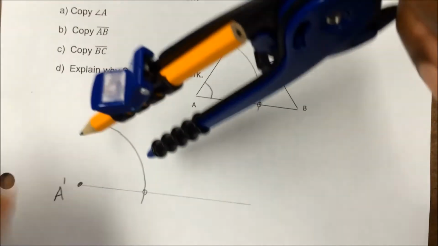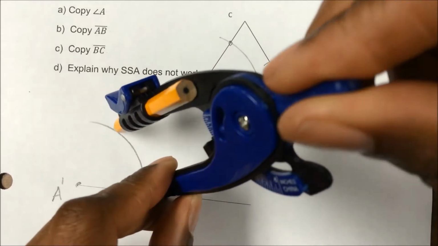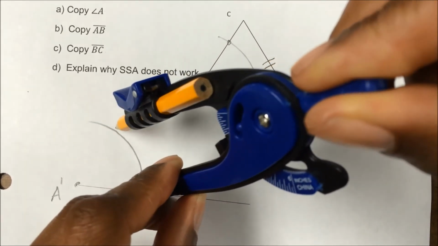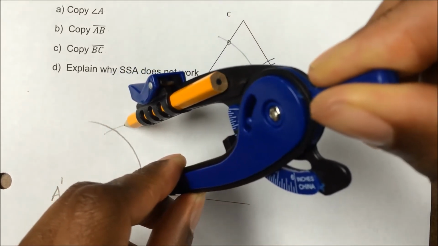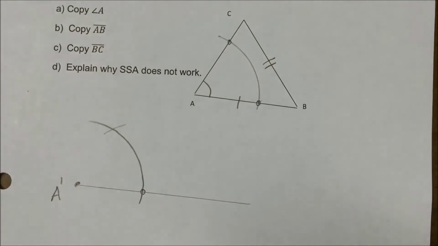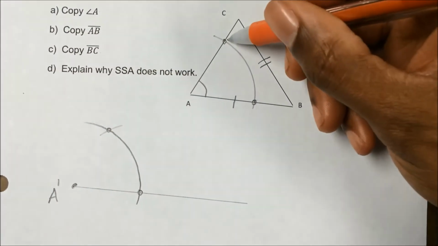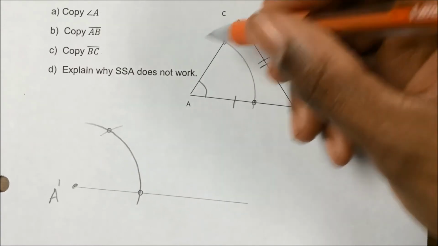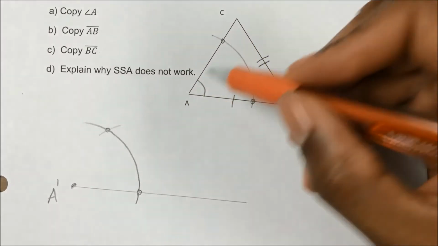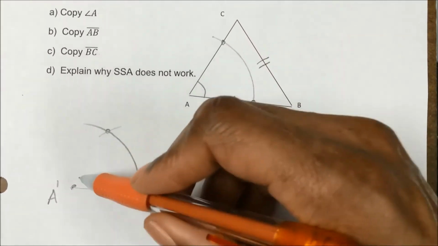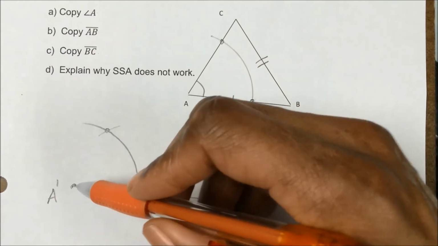So I'm going to use that to find my other intersection point, and I'm going to mark it like that. Alright, so this will be my other intersection point, equivalent to this spot right here, but on my new triangle.